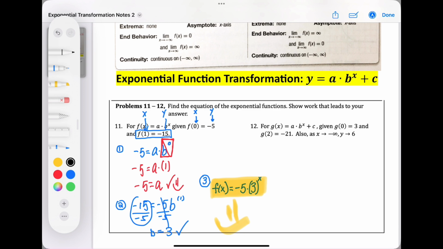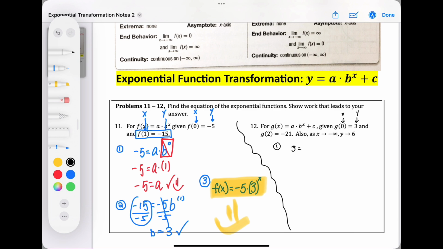Moving on, the next one, all about the base. So do not overthink. Number 12, we're going to do the same thing. So location, location, location. 0 is my x and y is my 3. Step 1, I'm going to plug it in. 3 is my outcome.